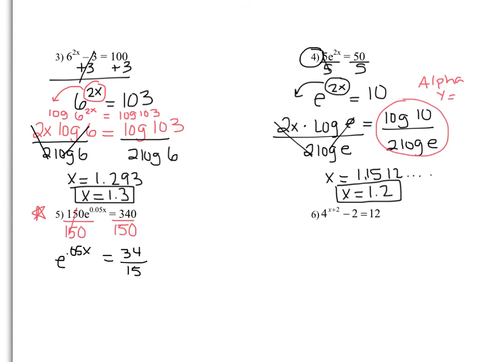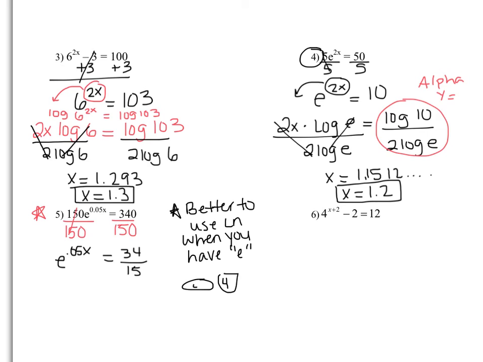0.05x. Now, when I see an e, it's better to use ln. So let's write down: better to use ln when you have e. Okay, the ln button is located right next to the 4 on your calculator.